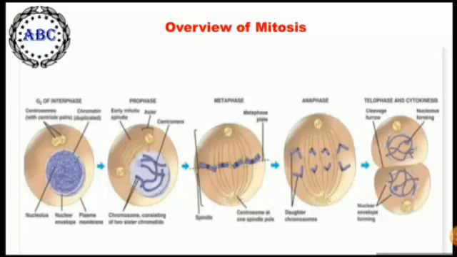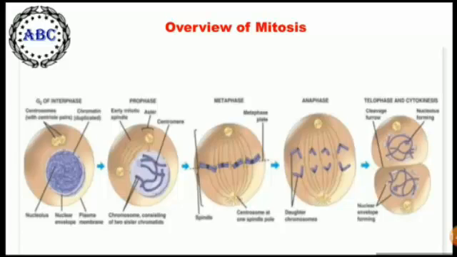After interphase, in which chromatin material is totally uncoiled, in late prophase the nuclear membrane and nucleolus disappear. In metaphase, the centrioles move to opposite poles and form the spindle, and the chromosomes are lined up on the equatorial plate.